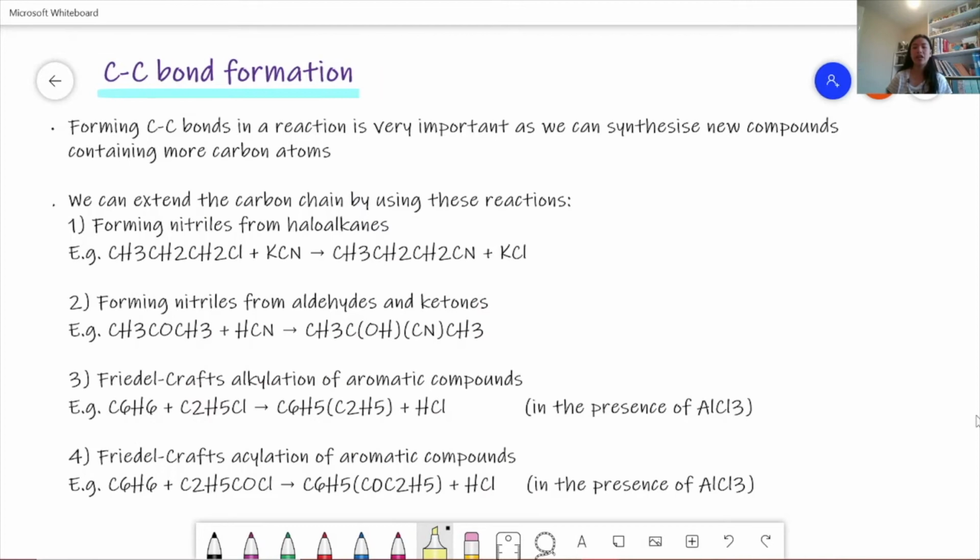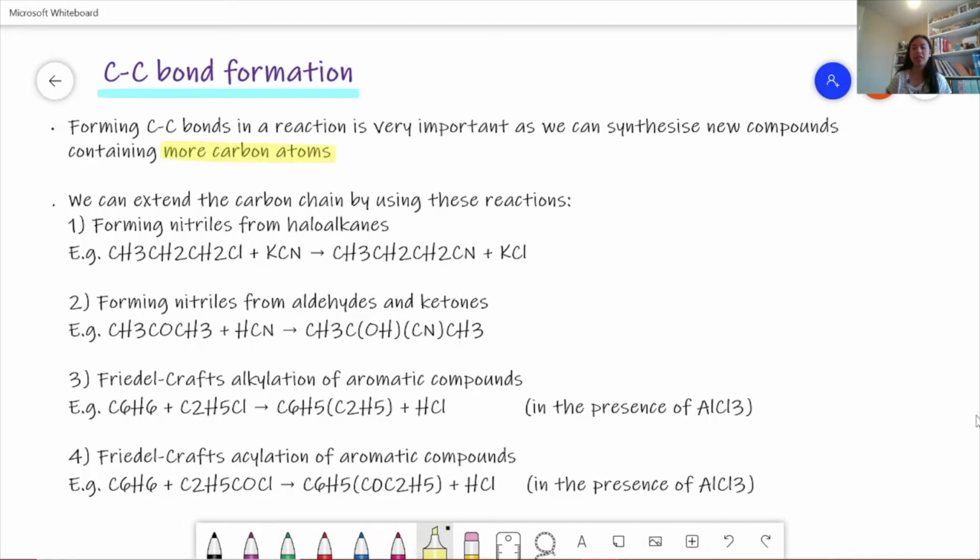So now we're going to look at carbon-carbon bond formation. Forming carbon-carbon bonds in a reaction is very important as we can synthesize new compounds containing more carbon atoms. And there are a few ways in which we can extend the carbon chain, and we're going to look at 4 of these reactions.